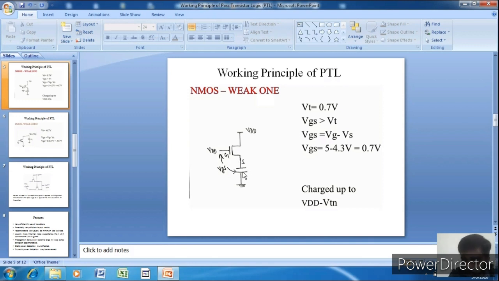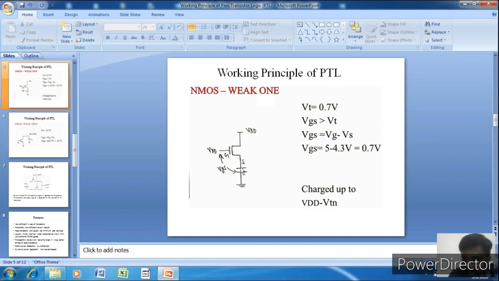When the source voltage becomes 2, VGS becomes VG minus VS, that is 5 minus 2, so VGS is 3. When the source voltage becomes 4 volt, because the capacitor keeps charging, then the VGS value is VDD minus VS, that is 5 minus 4, so it becomes 1.